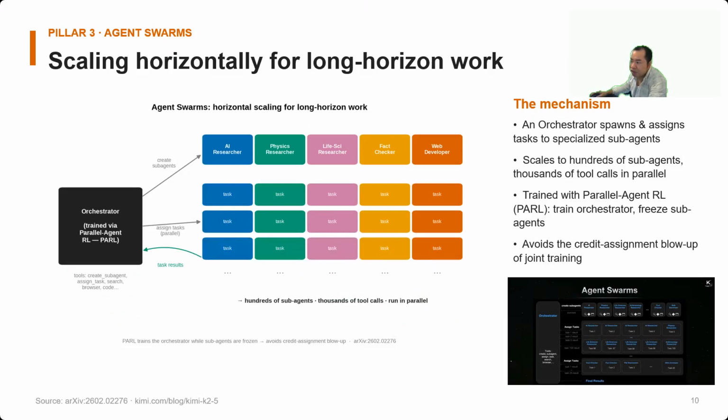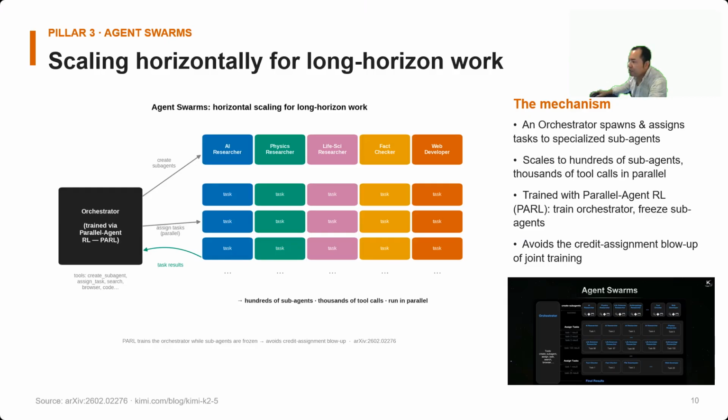It decomposes a complex goal into many tasks, assigns them in parallel, and aggregates the results across the multiple sub-agents. This scales to hundreds of sub-agents and thousands of tool calls, and it can run concurrently. They can read hundreds of sources in parallel, run many data analyses at once, and also write 100-page reviews at the same time.